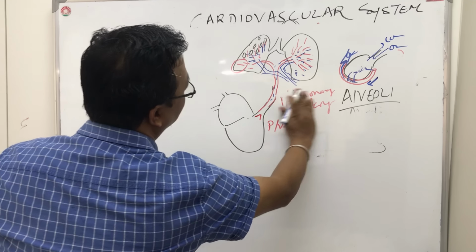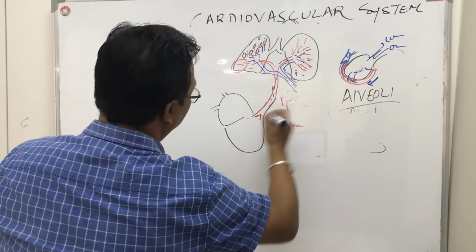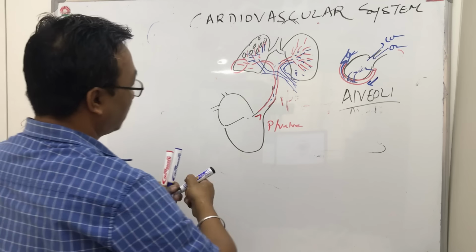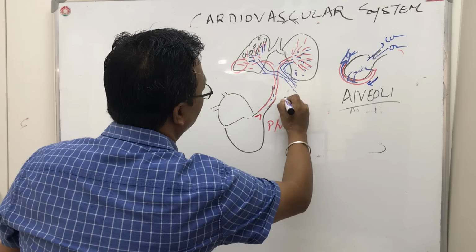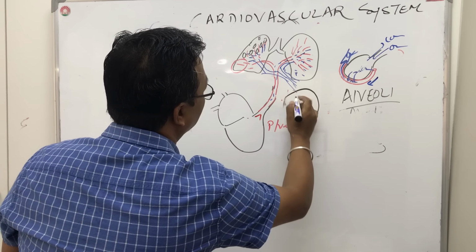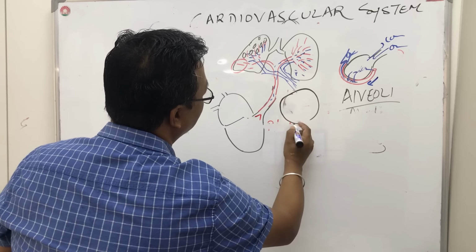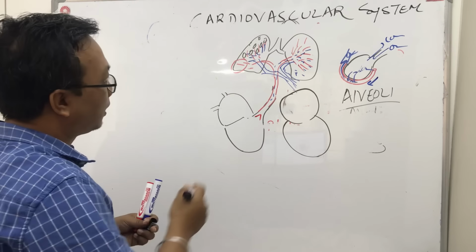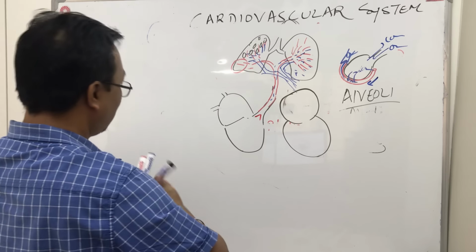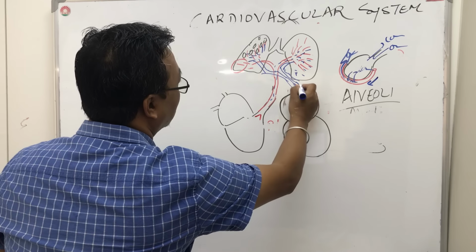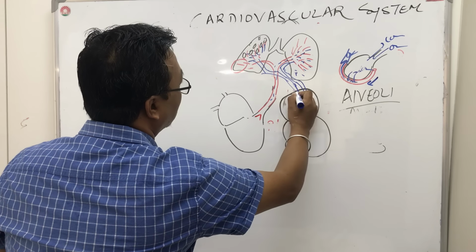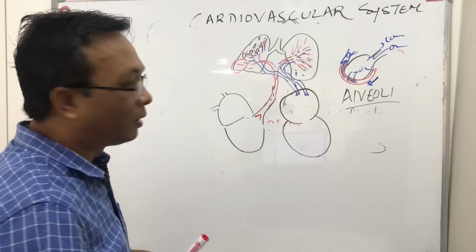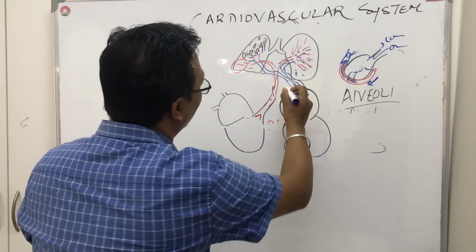They will come to the left side of the heart. I just separated the right heart and left heart. So this is the left side of the heart, and all this blood is carrying oxygen.